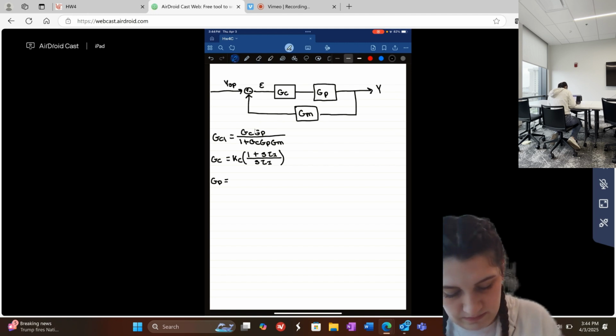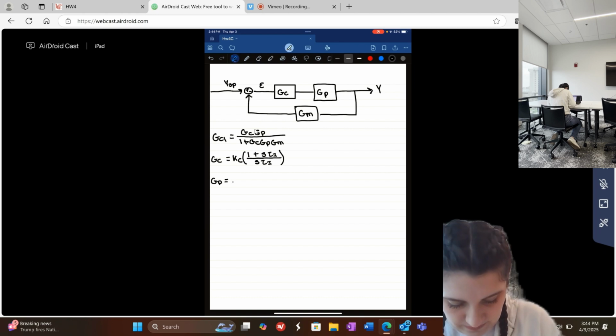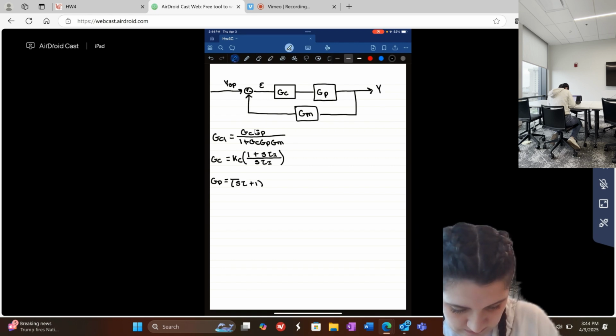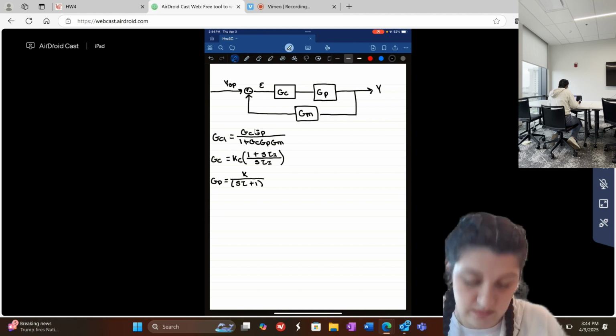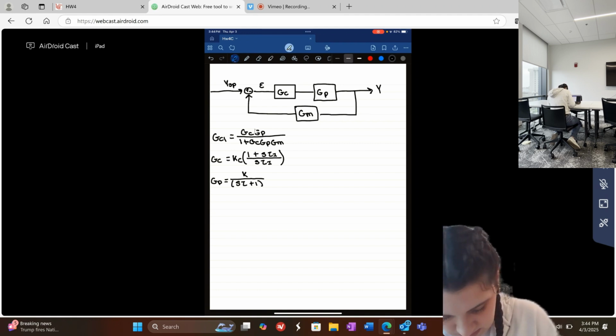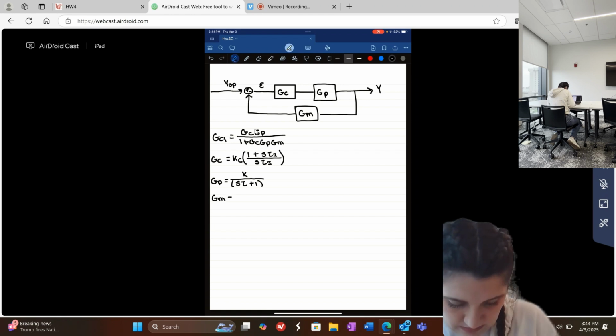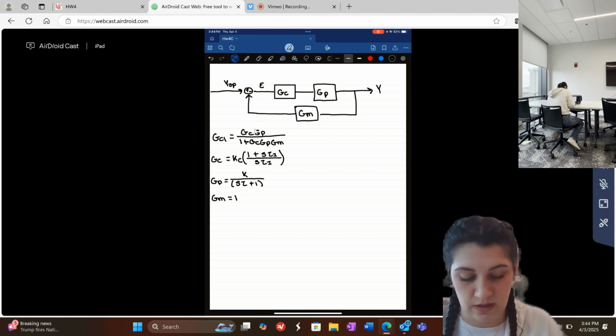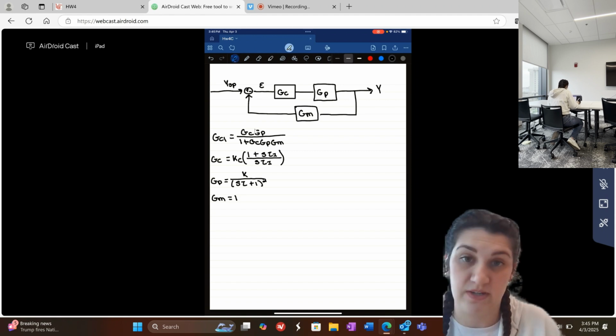So we're going to have 1 over S tau plus 1, times K. And finally, our measurement is 1. So now we can plug each of these in. And this is squared because it's second order.